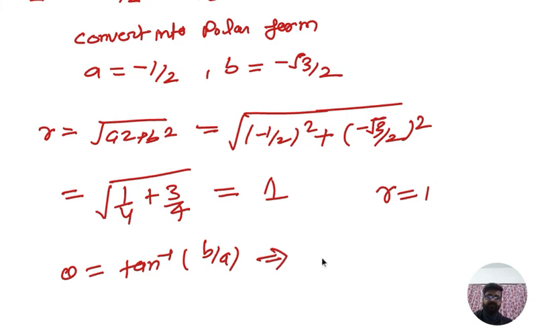Here also we will put the values of b and a. As you can see, theta equals tan inverse, and the value of b is minus root 3 by 2 divided by the value of a, that is minus 1 by 2.